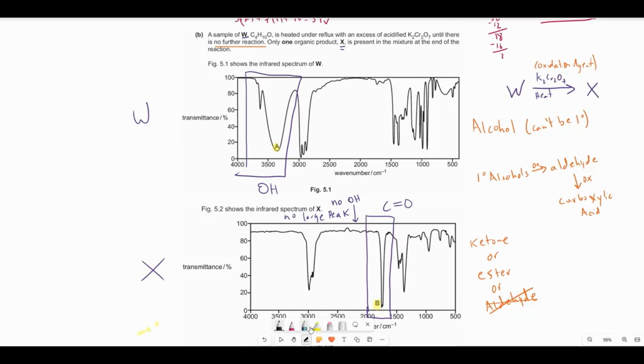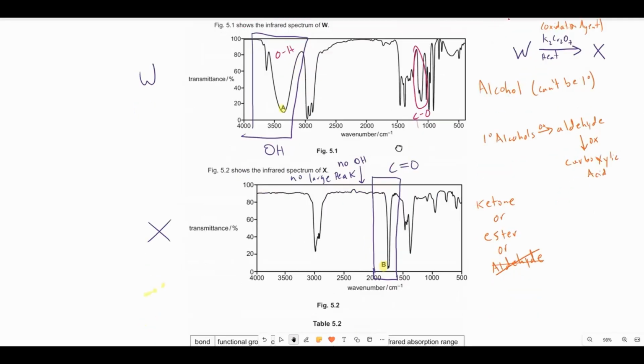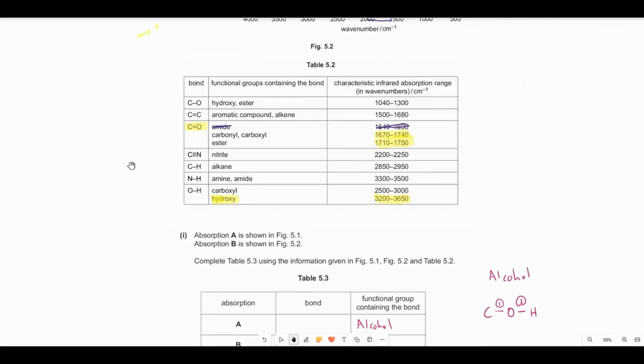So here it is. So this peak right here, let me change my color. That color is not great. This peak right here is our CO peak. The peak right here is the OH peak because it's at 3,300. So be very careful when you answer these questions that you're looking at your chart and putting what the chart says under bond.